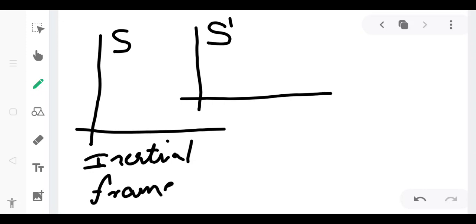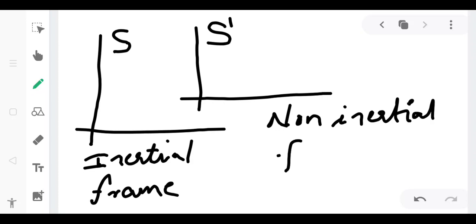Okay, and the next thing is this frame of reference is non-inertial frame. See, inertial means its acceleration is zero.